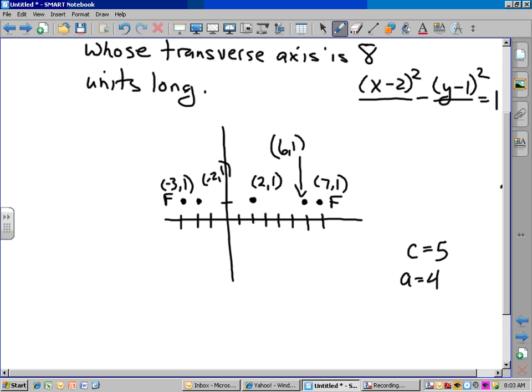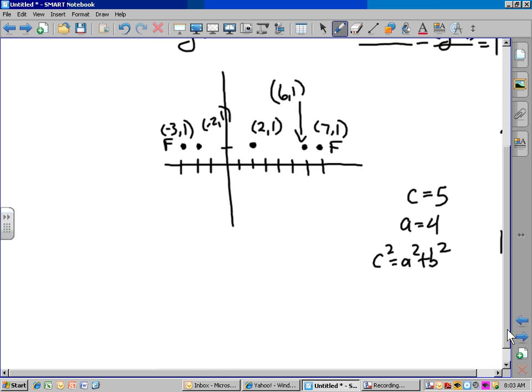What else are we missing? B. How do we find b? It is the Pythagorean theorem. So, 25 equals 16 plus b squared. Looks like 9 equals b squared. So plus or minus 3 equals b. Correct? So from the center, I'm going to go up 3, down 3.